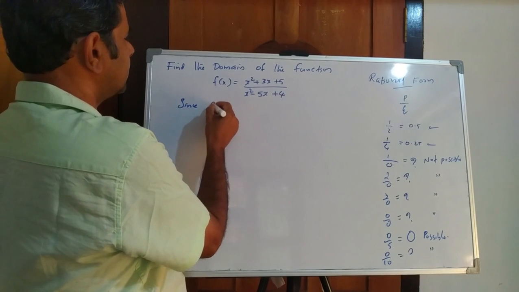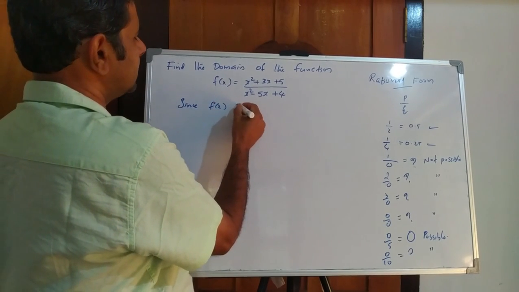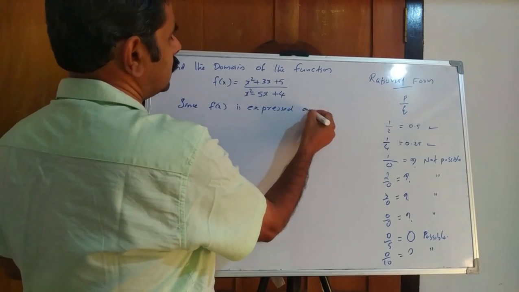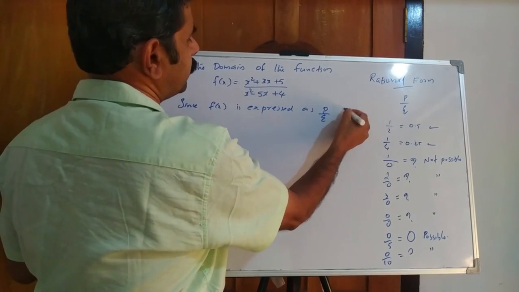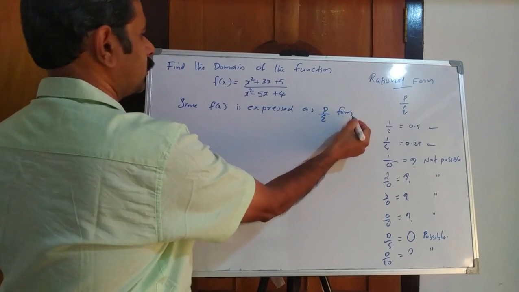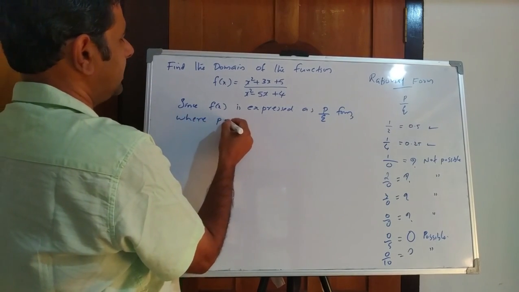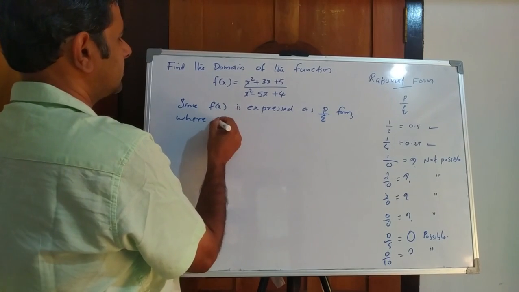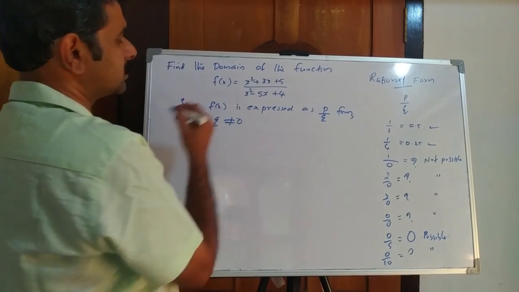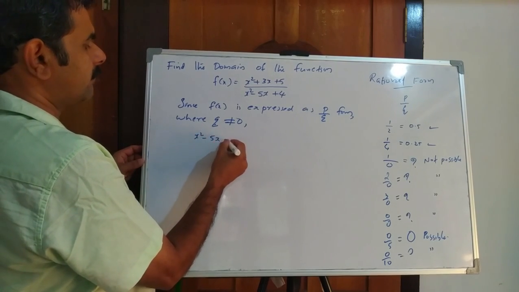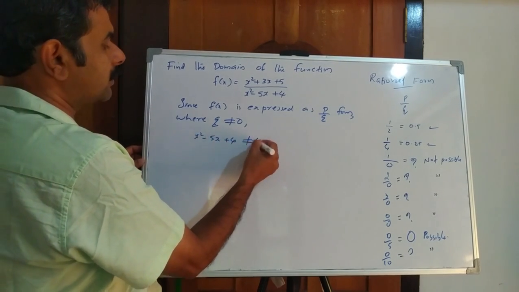Since f of x is expressed as p by q form, where q is not equal to 0, x square minus 5x plus 4 is not equal to 0.